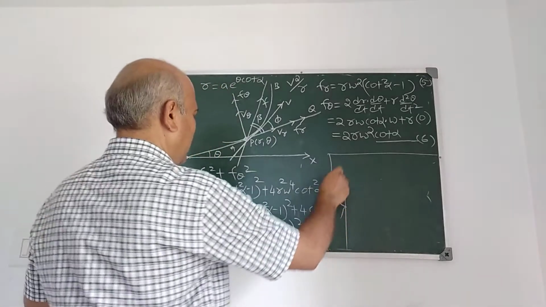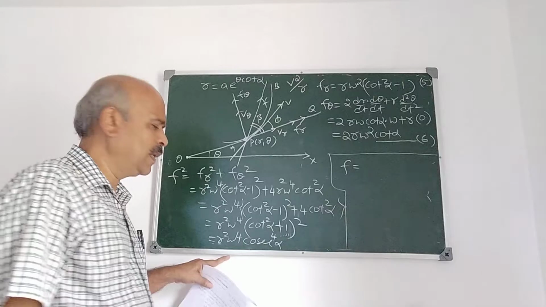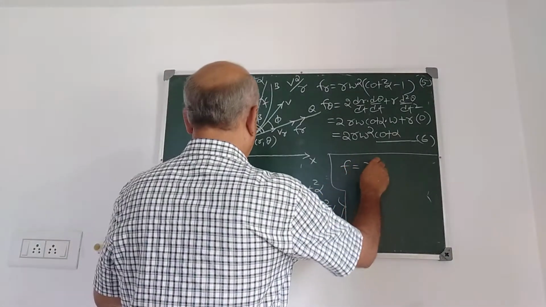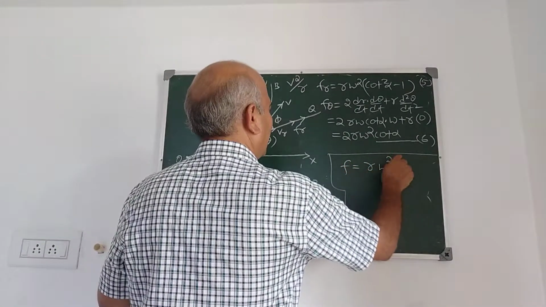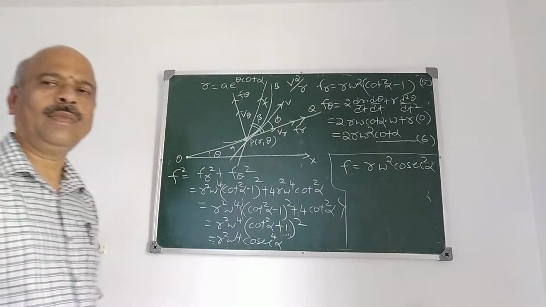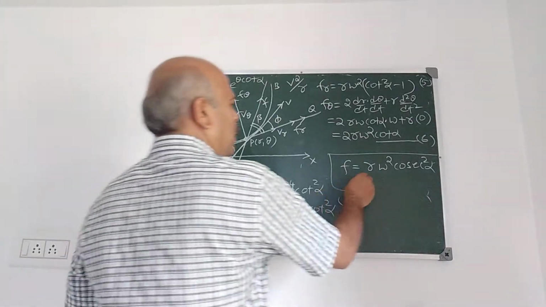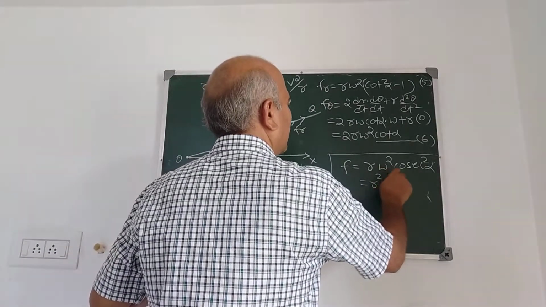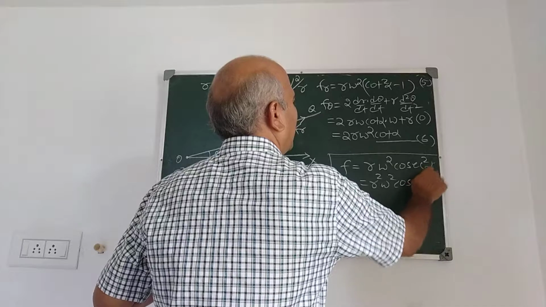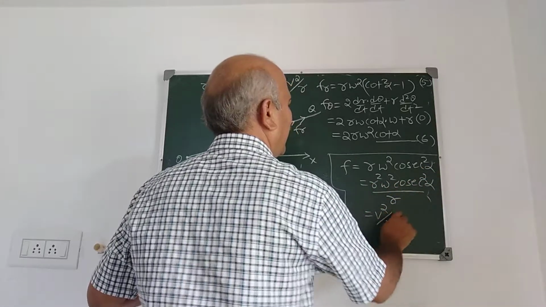Therefore F, that is resultant acceleration, is r omega square cosec square alpha, correct? Because F is the square root of this. Now I write this as r square omega square cosec square alpha divided by r. But this is v square by r.